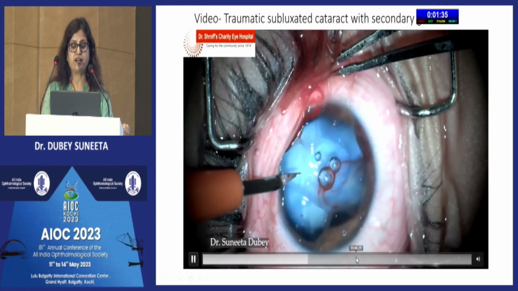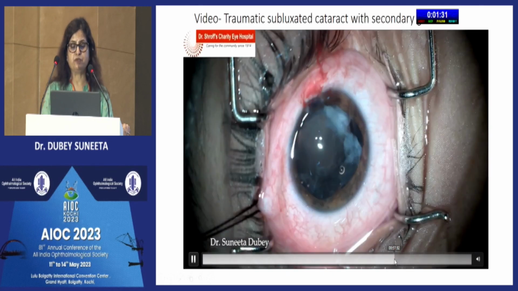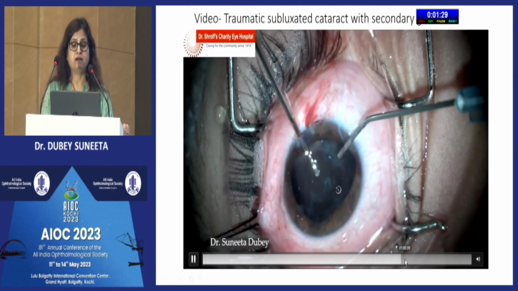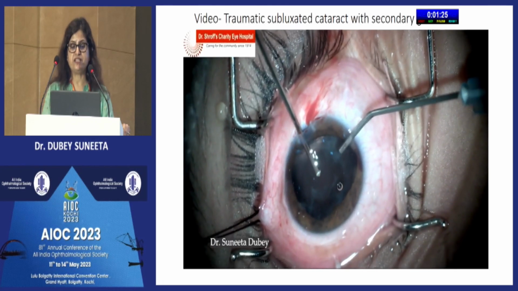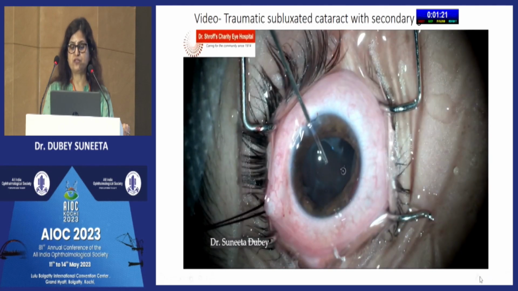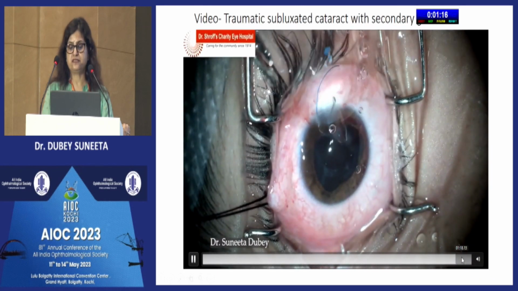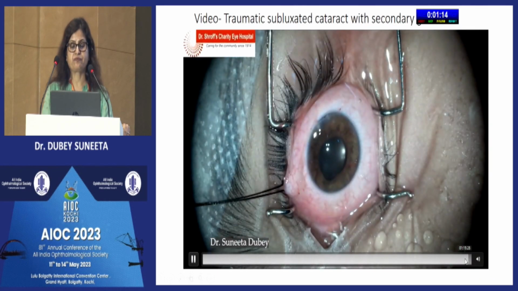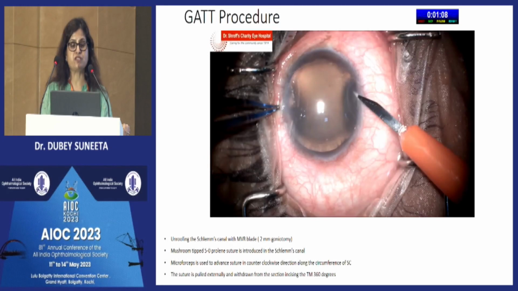Although it is not hard and fast, you can even perform cataract surgery first and do the goniectomy later. This patient had a PC rent because he was a traumatic cataract. So the vitrectomy was done, and then a 3-piece IOL was implanted in the sulcus. The patient did well after the procedure, and the nice cleft was seen.